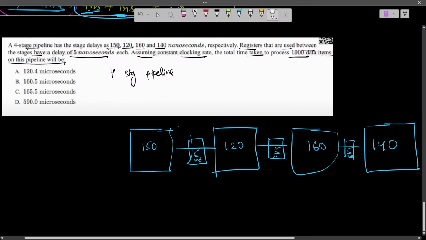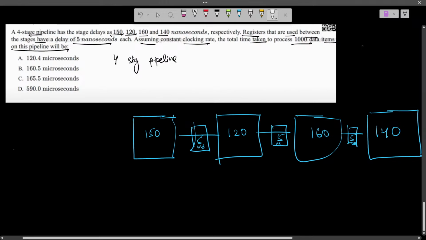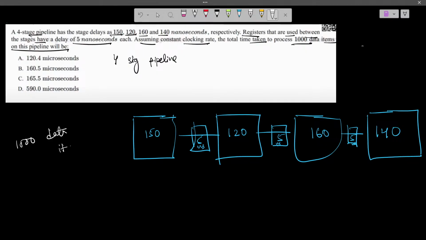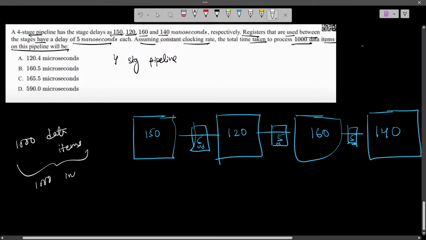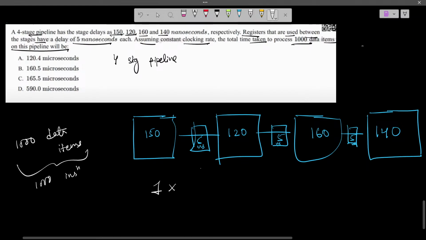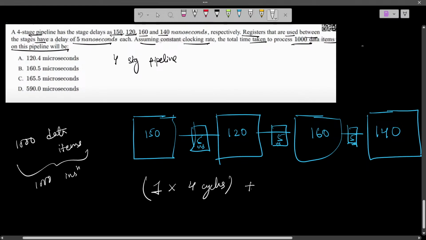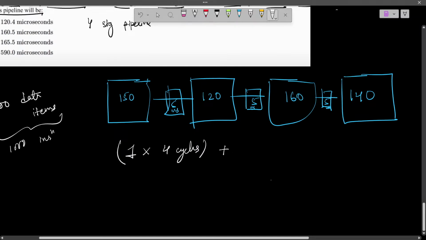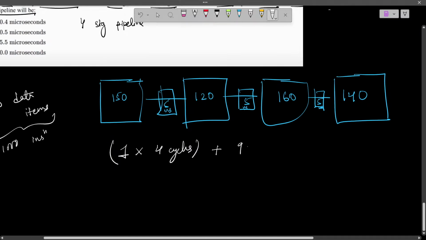So what we can do, assuming constant clocking rates, the total time taken to process 1000 data items. So we have 1000 data items, like 1000 instructions. The first instruction will take 4 cycles, as this is a 4-stage pipeline, plus the other 999.